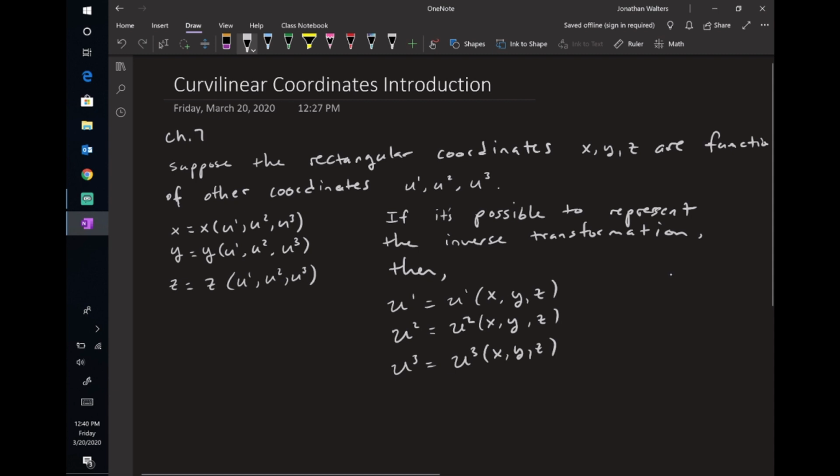So it's a way to get the other coordinates if you know the Cartesian coordinates, and vice versa. So all we're saying here is, suppose there's the original transformation from curvilinear coordinates to Cartesian coordinates, and then there's also an inverse transformation from Cartesian to what we now call curvilinear coordinates.